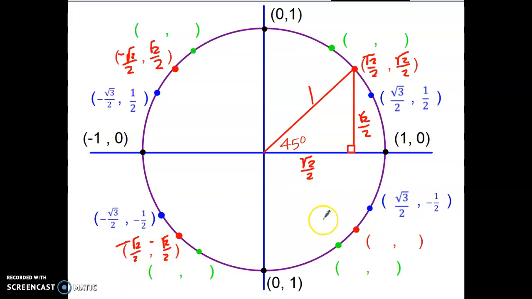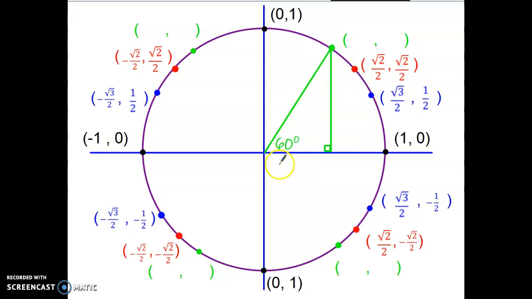And then when we move into the fourth quadrant, well, in the fourth quadrant, cosine was positive, so that means that the x value is positive, and sine was negative, so the y value is negative. But you can see those side lengths stay the same. It's just the direction that they went that changed. So sometimes positive, sometimes negative, depending on where you are.